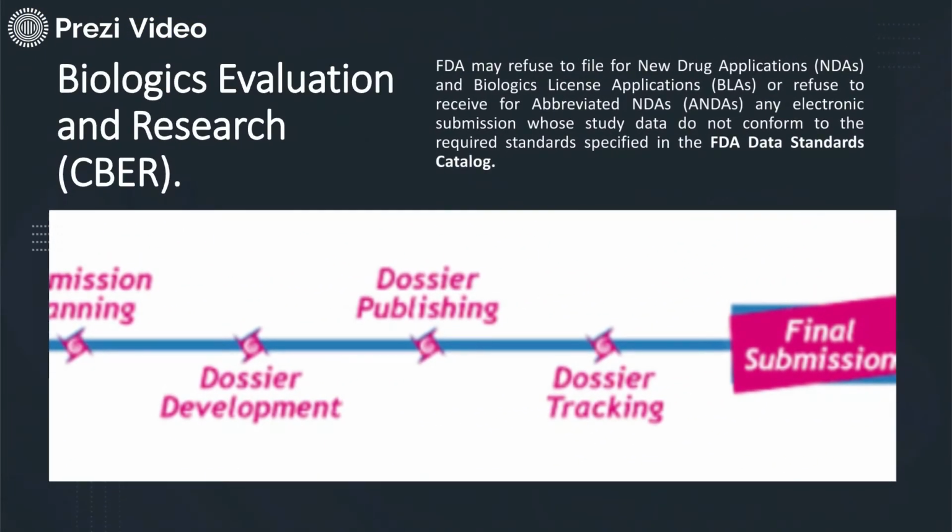When we talk specifically about CBER or CDER, these agencies may refuse NDAs or BLAs, biologics license applications, or refuse to receive ANDAs or any other electronic submissions if the data do not conform to the required standards specified in the FDA Data Standard Catalog.